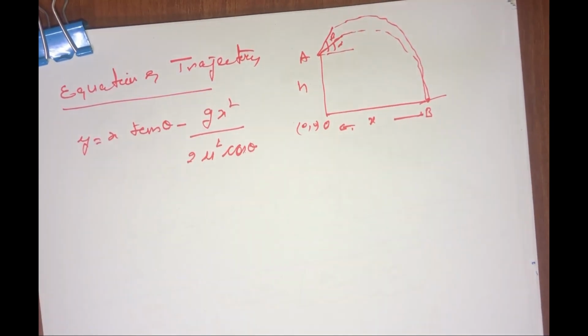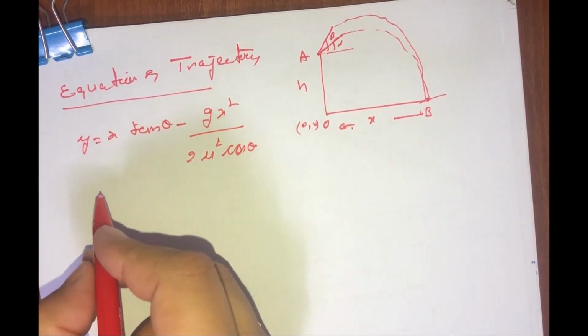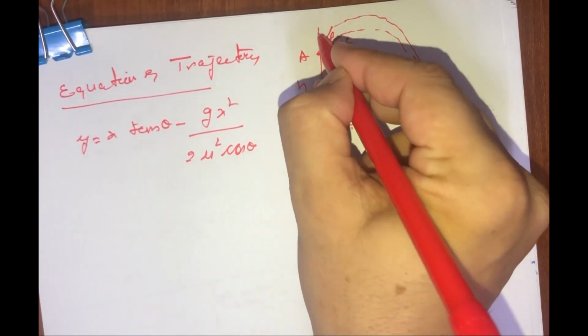Here theta is our angle of projection. We have two bodies, let us call them C and D.